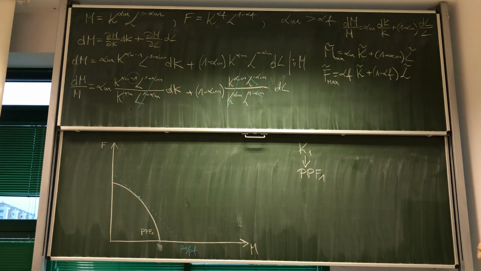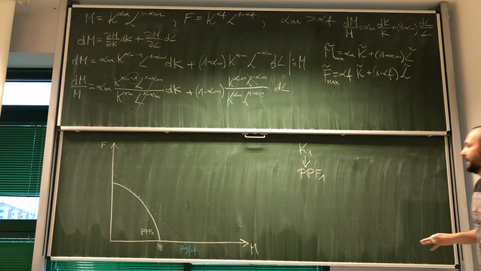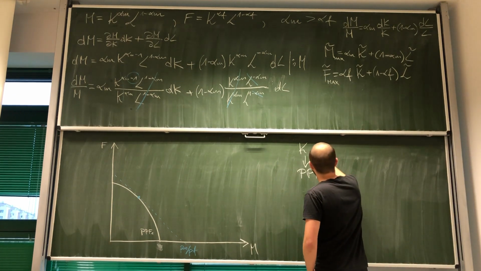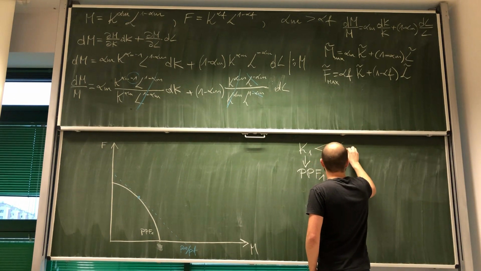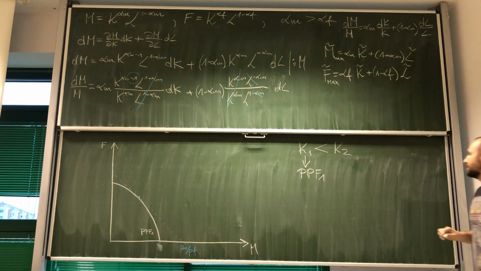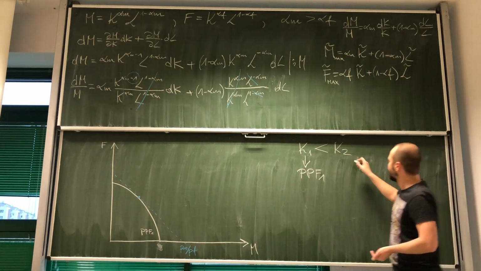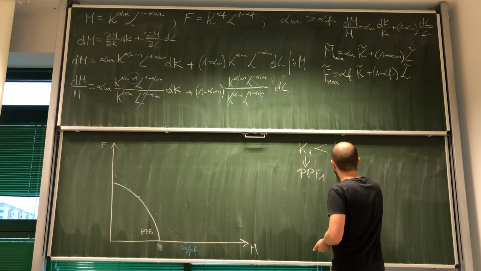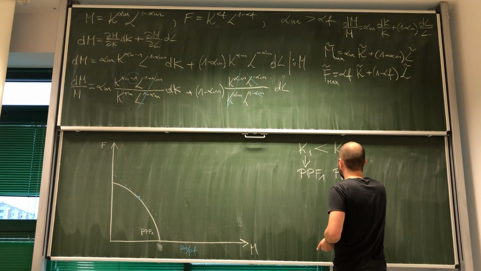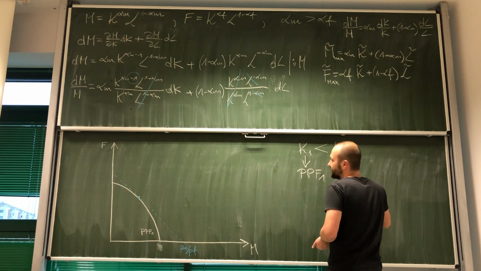Now let's see what is going to happen if level of capital in the economy is going to go up. So we will have some new production possibility frontier 2.